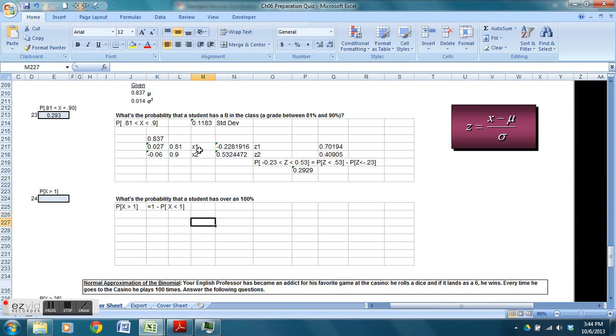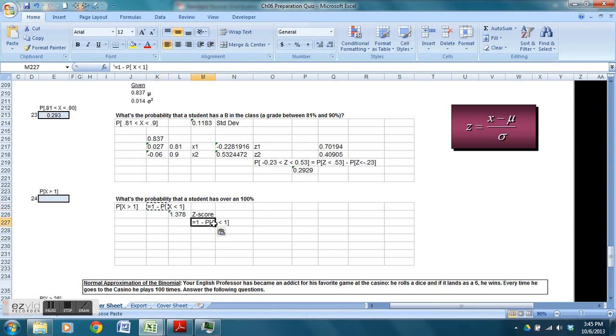So let's find the z-score. And we want to use 1 for our x value, 1 minus the mean divided by the standard deviation. And this is our z-score right there.